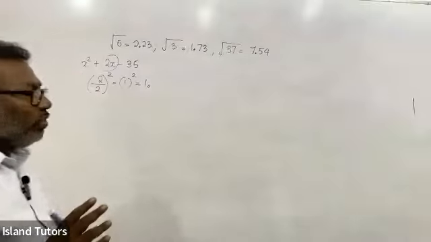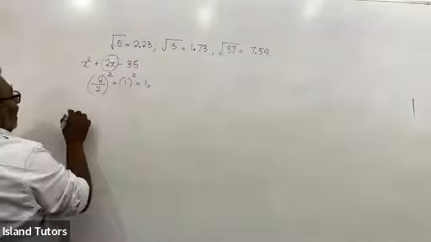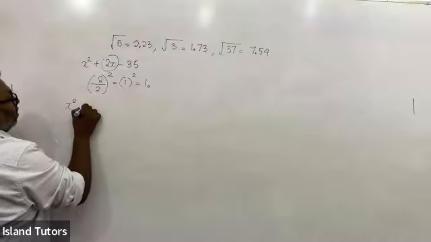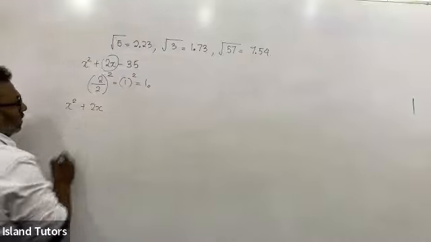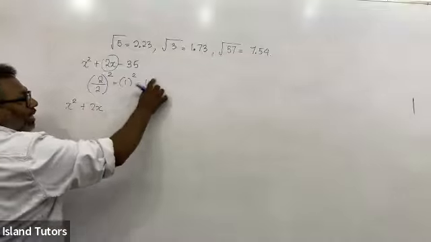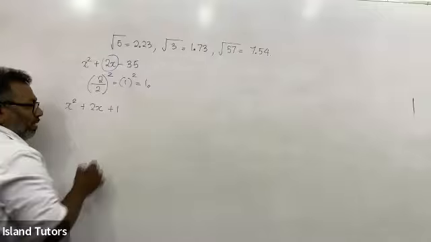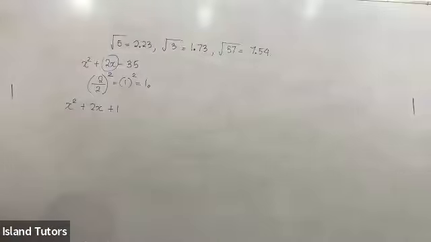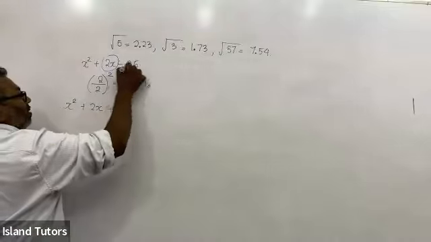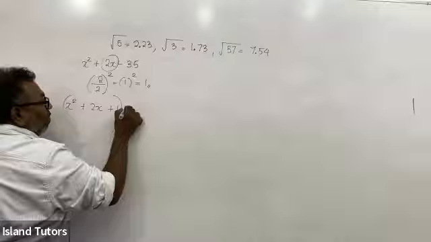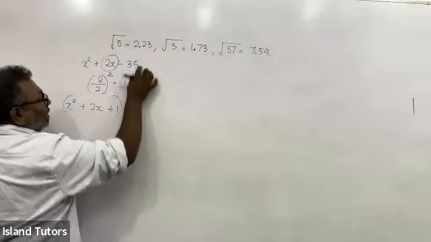Okay? Now what you need to do, take x squared plus 2x, take this one as plus 1 here. Plus 1, then minus 35, that is this.